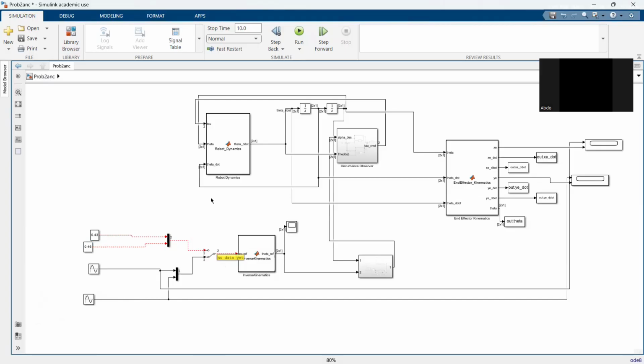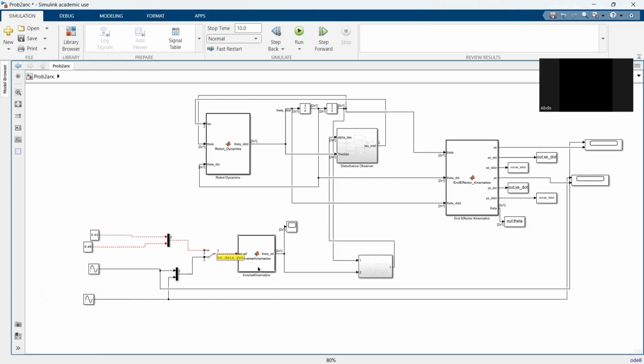In the Simulink, as I said, we have constants and the sinusoidal, and we have used the switch to switch between each reference. And then it goes to the inverse kinematics.